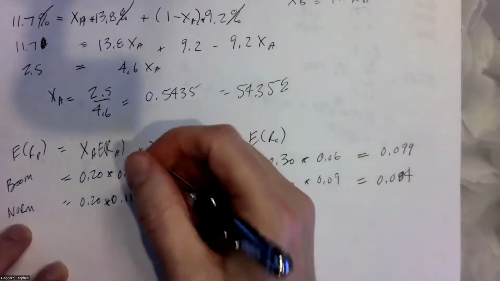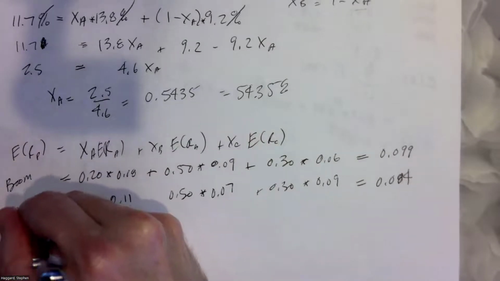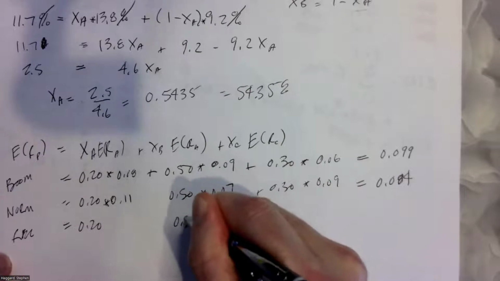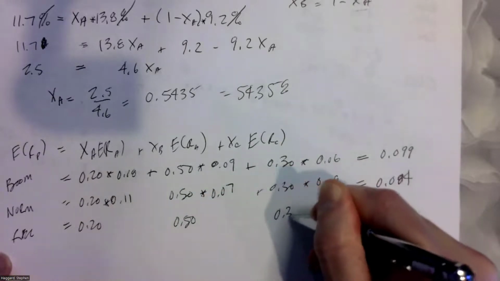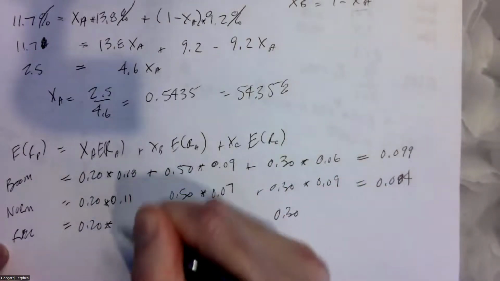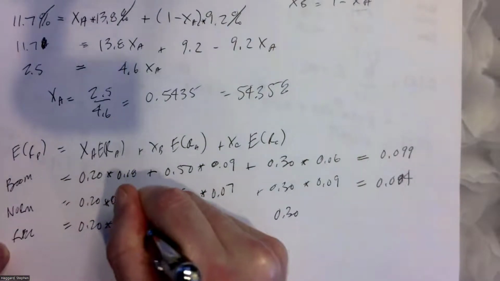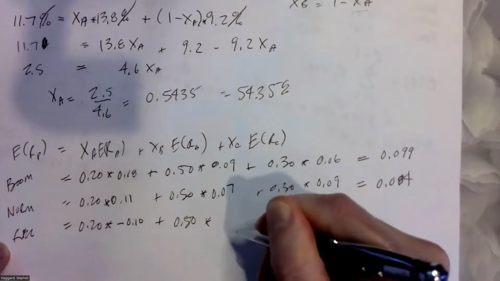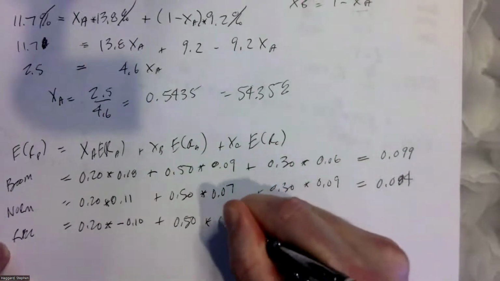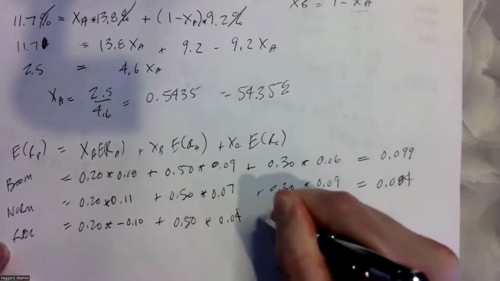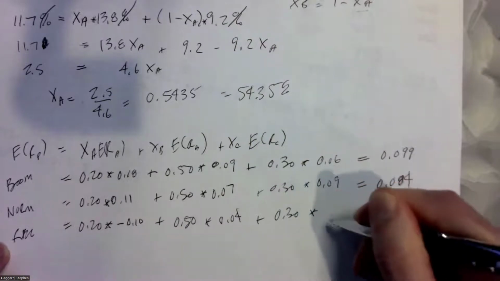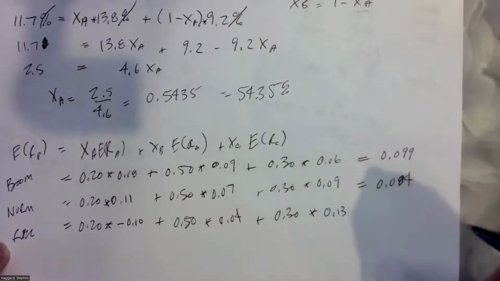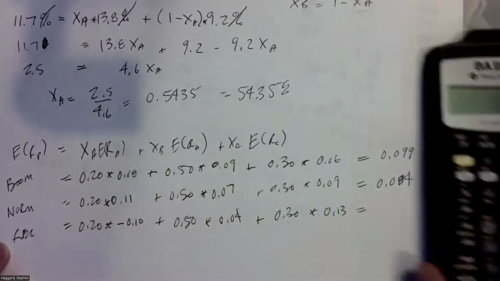Is anybody getting a different number than that? Okay, and then finally, we need to talk about recession. Once again, the portfolio weights are the same. In recession, this one has minus 0.10, this one has 0.04, this one has 0.13. So here's what I'm going to do.